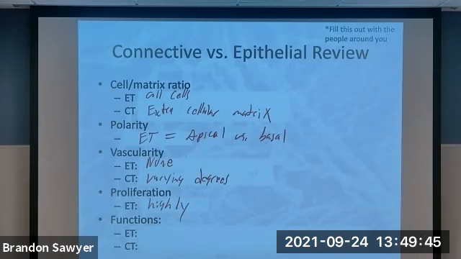There's two primary functions of epithelial tissue. What were those two primary functions? There's kind of two big types, right? There's a covering and lining type. So it covers stuff, lines stuff, seals things off.